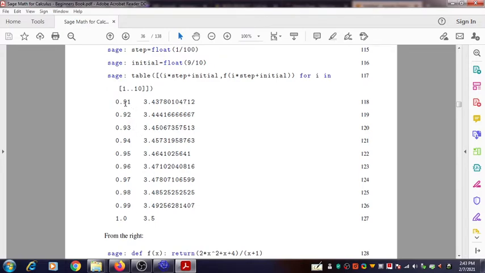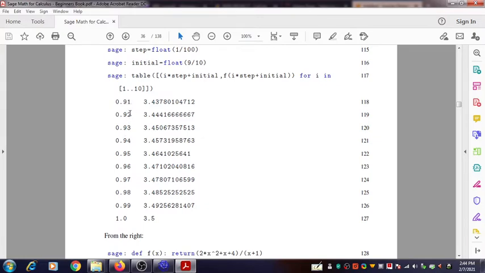In the table, you can see the set of x values. The first column contains a set of x values. The first value is 0.91, and then 0.92, 0.93. Here you can see a difference of x value.